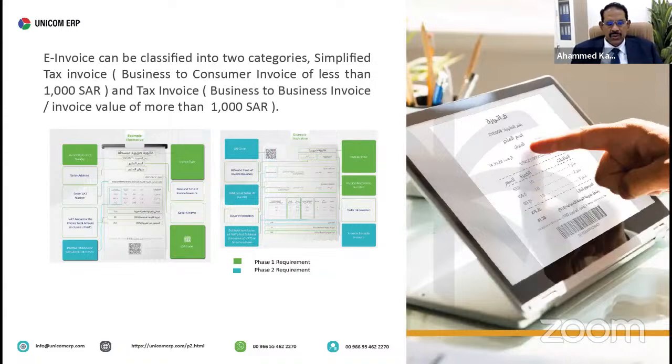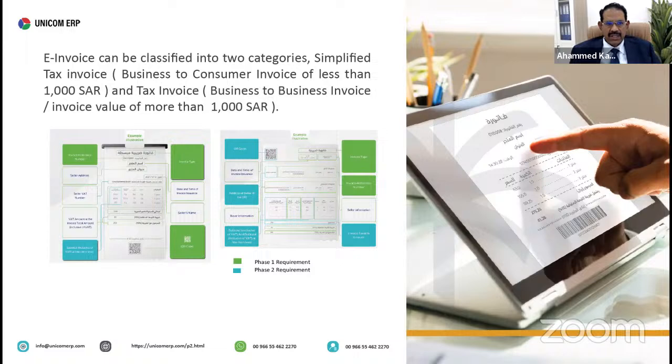In phase 2, as well as in phase 1, the invoices, to be precise, are classified into 2 categories. One is business to consumer invoices, less than 1,000 riyal, and the other is invoices more than 1,000 riyal.